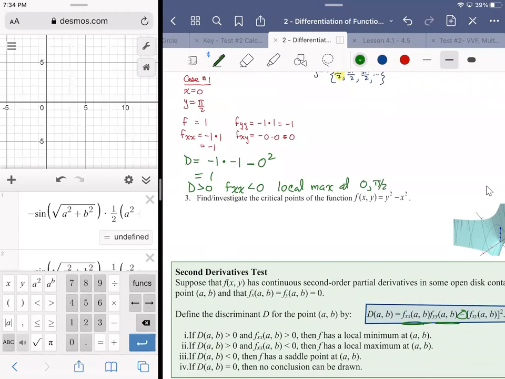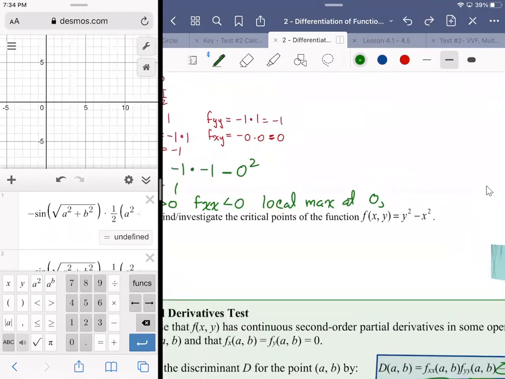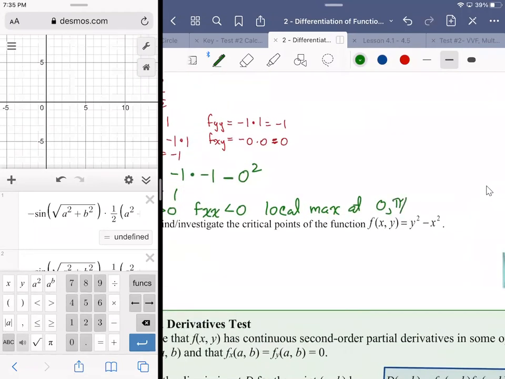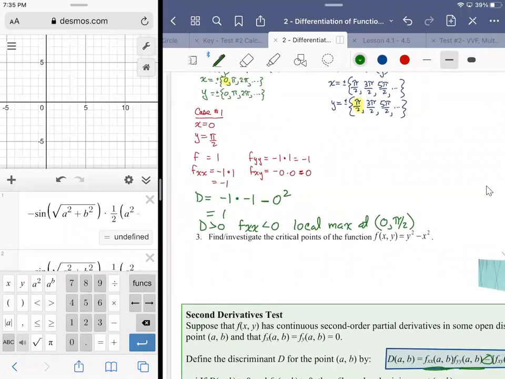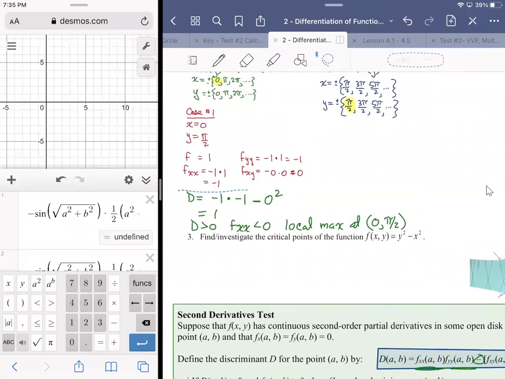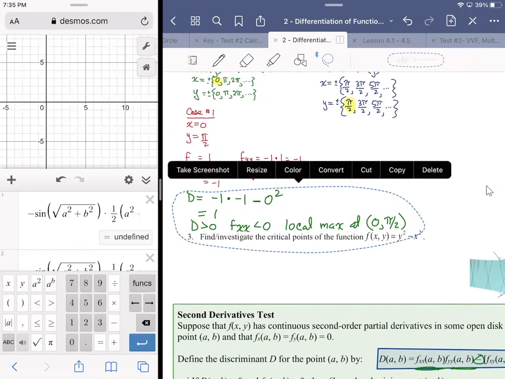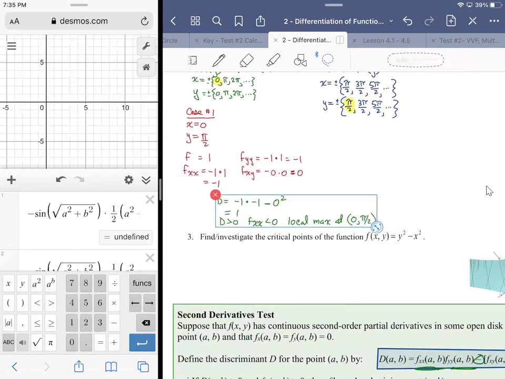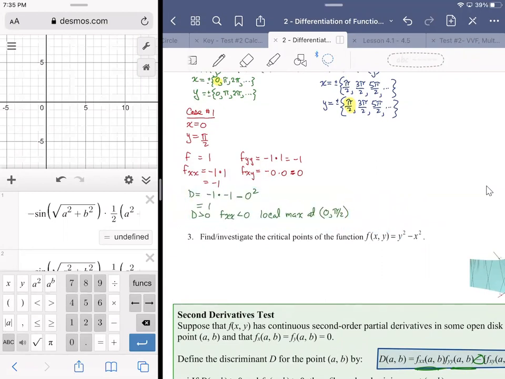But the issue that we're going to run into, and it's a very significant issue, is that those are not the only locations in which we're going to have relative max. We have infinitely many relative extrema, max and mins, so we have to account for all of them, but we don't want to do this work infinitely many times. That wouldn't make any sense. So we want to generalize.